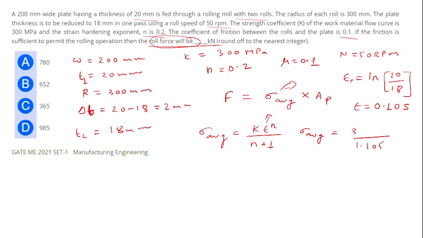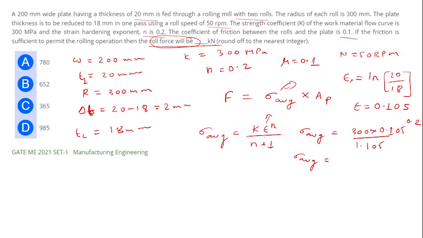K is already given, 300, 0.105 and exponent is given as 0.2. What is your sigma average here coming as? Calculate. Ma'am, denominator is 1.105 or 1.2?